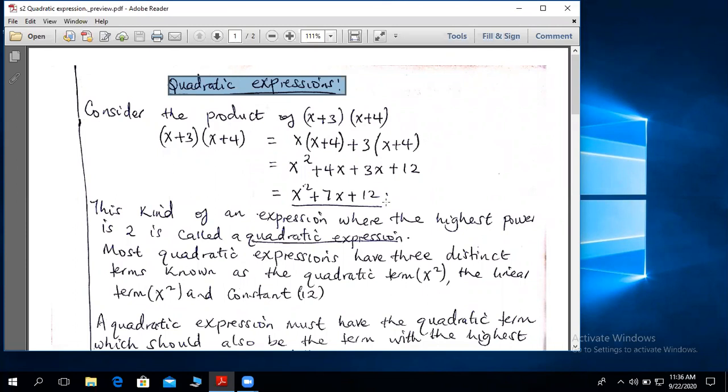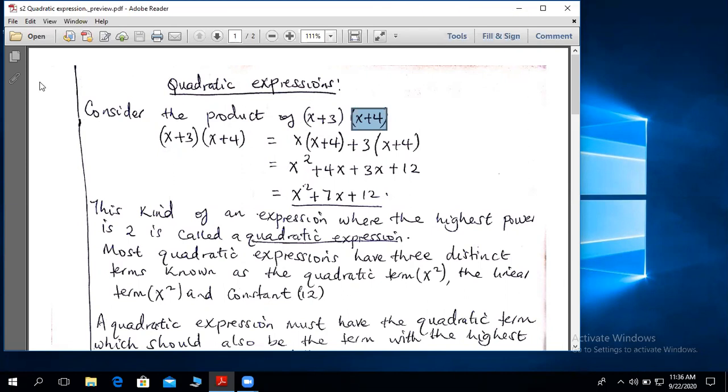So we consider a product of two functions. That is, we have x plus 3 multiplied by x plus 4, as you can see.